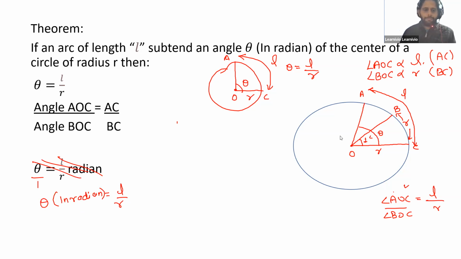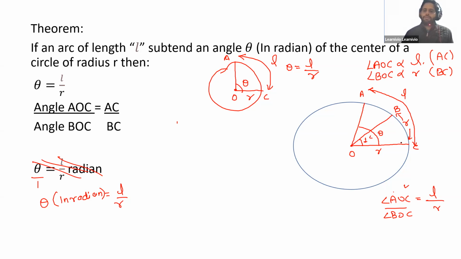Yusra, are you back? Yes, sir. Okay, good. So Yusra, this formula is clear. Theta is equal to L by R. Sir, can you please explain it once more? Yeah, sure. If you check this figure, we have this angle AOC, and it is directly proportional to the length of this arc.